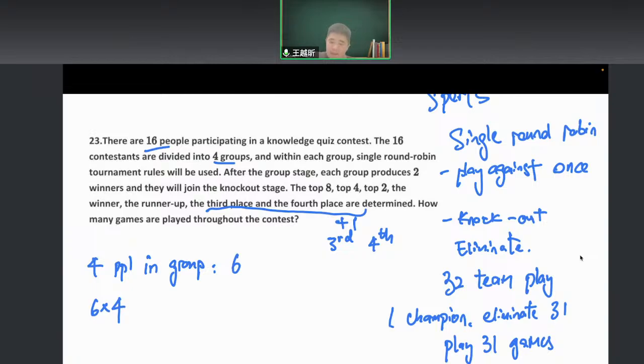Then 8 of them play the knockout, which will eliminate 7 players. So that's 7 games. But there will be a game between the third place and the fourth place, so we have an extra game here. Alright, so this is 32.